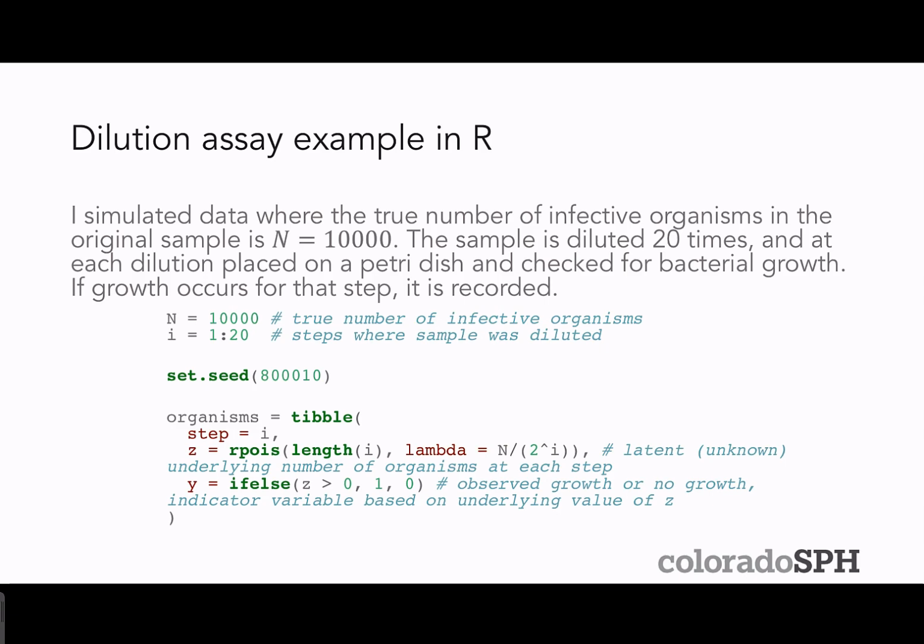So I simulated data where the true number of infective organisms in the original sample is n equals 10,000.